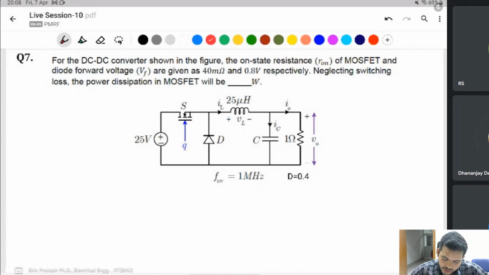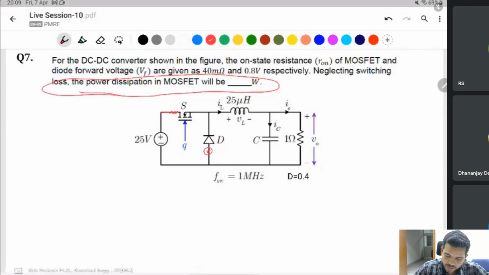For the DC-DC converter shown in the figure, the on-state resistance of the MOSFET and the diode forward voltage are given as 40 milliohm and 0.8 volt respectively. This resistance is given and this diode voltage drop is given. Regarding the switching loss, the power dissipation in the MOSFET. Power loss in switches is of two types: conduction loss and switching loss.